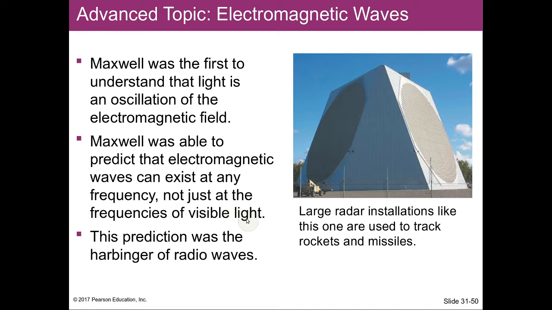That also includes, for example, the wavelengths of radar used in installations to track rockets and missiles. But of course, there are countless applications of this. Maxwell really enabled all the applications of radio waves and so on.